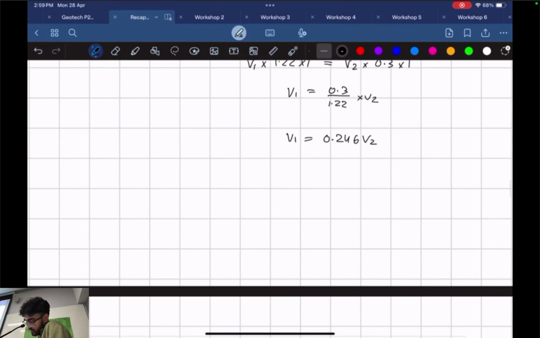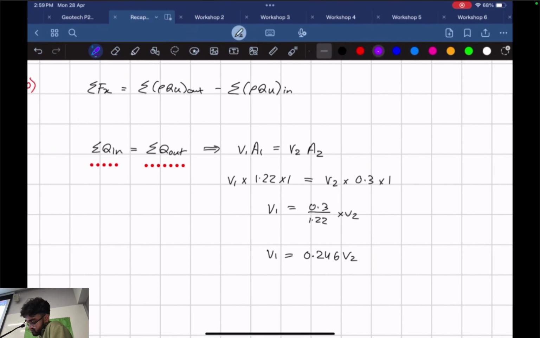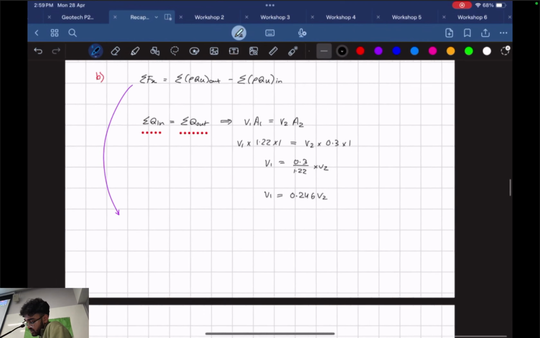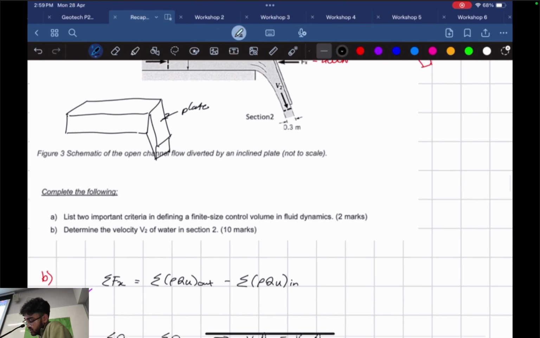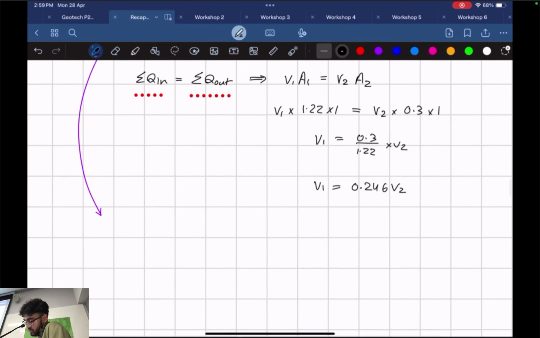So, let's go back to this equation. Sum of forces in the x direction. What external forces do we have? 4,000. Positive or negative? Negative, perfect, because it's acting towards the left.